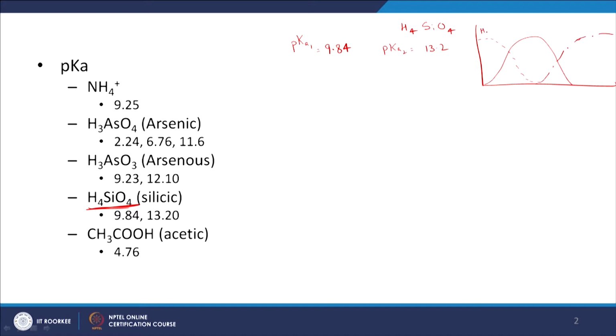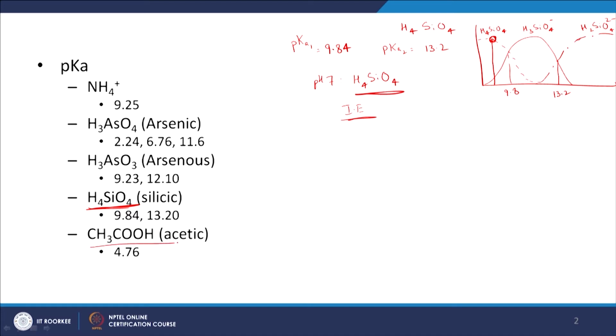Let us label them H4SiO4, H3SiO4-, H2SiO4 2-, and the pK values are 9.8 and 13.2. So at pH 7 everything is going to stay as H4SiO4, which does not have a charge, and thus obviously it can't be removed by ion exchange process at the neutral pH, right.